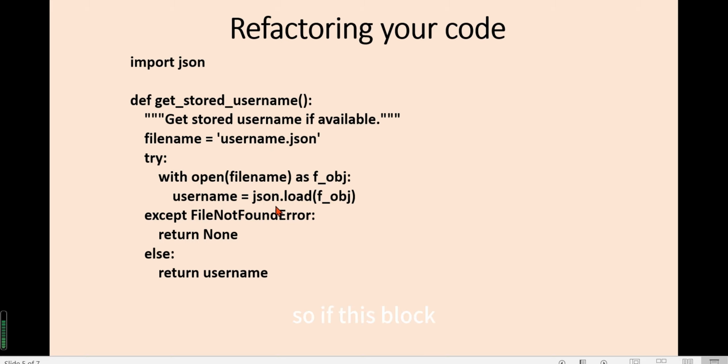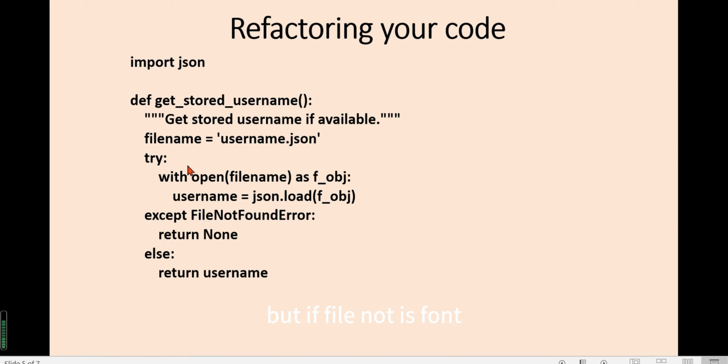If this block gets information from username.json, then username will be created as a variable. Then the else block will run and will return this username.